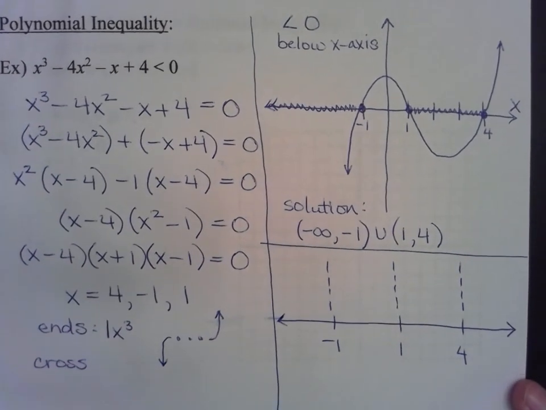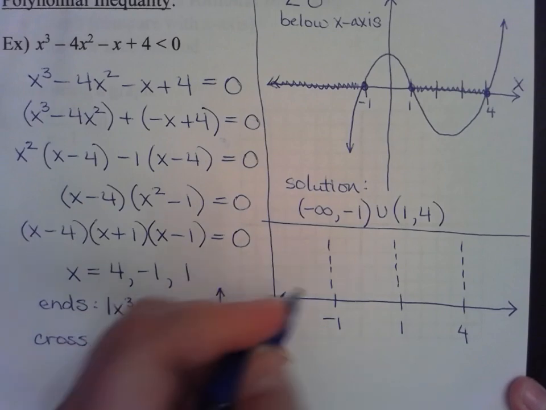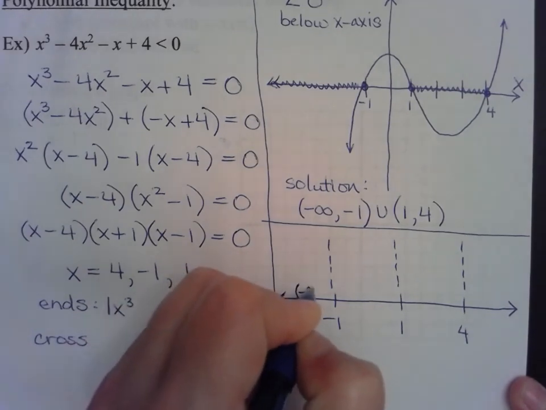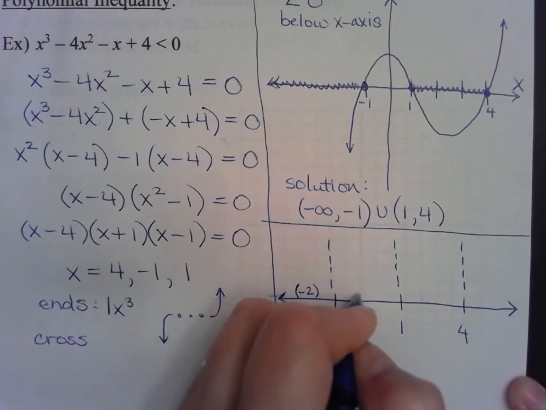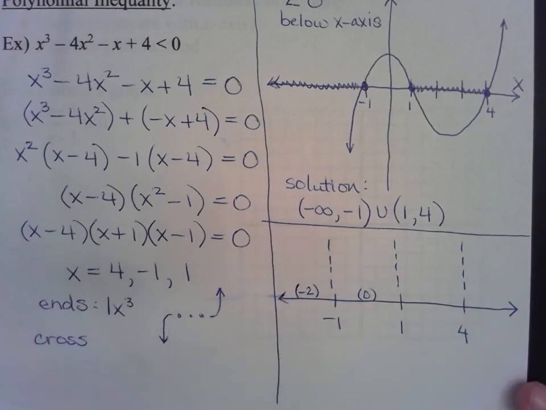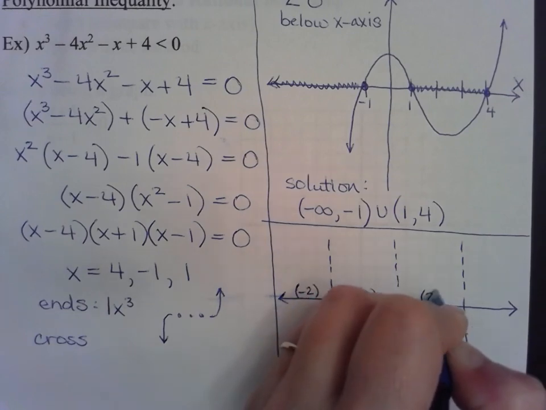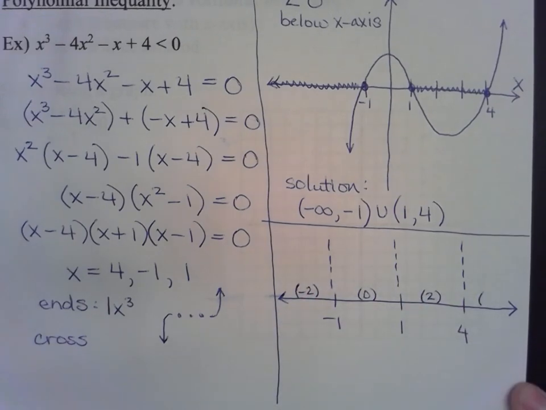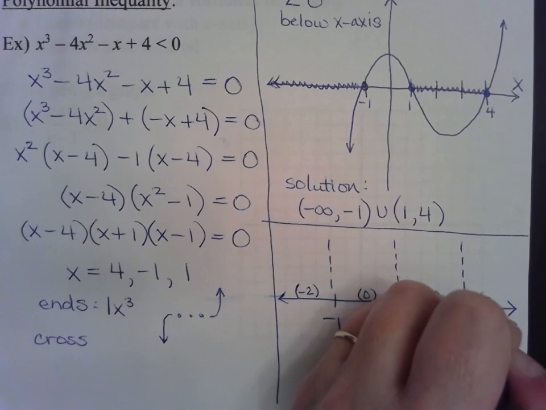Okay, so anything smaller than -1, -2 maybe, in between -1 and 1, 0 would be a good choice. Something between 1 and 4, 2 would be a good choice. And something bigger than 4, maybe 5.